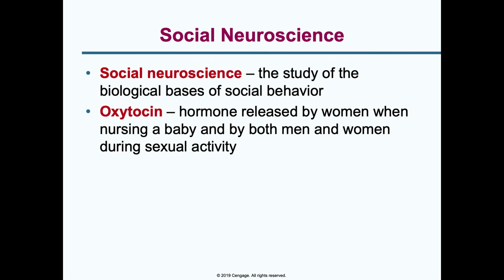And then both men and women can also release some oxytocin during any sort of sexual activity, because these are hormones that are released. So again, it's a biological basis, the hormone, the endocrine system, affecting the autonomic nervous system, which in turn is affecting the outward behavior of individuals. So it's that kind of thinking.